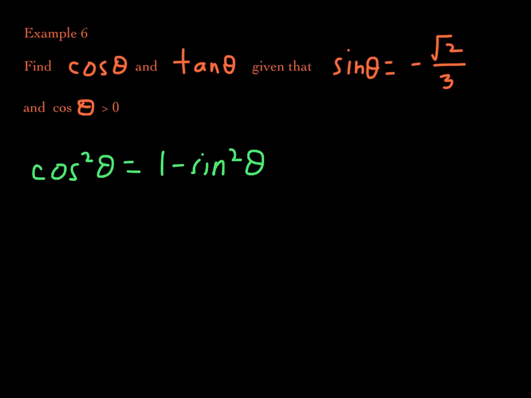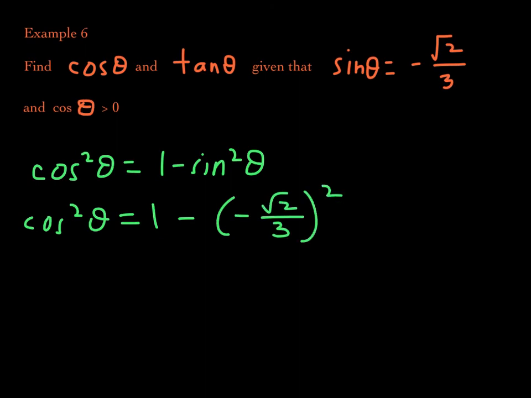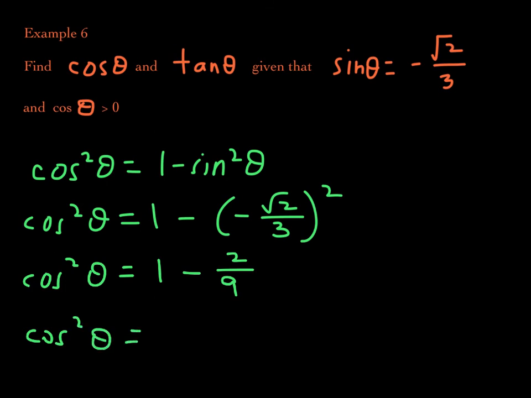So what I'm going to do is plug in what they gave me. So then I have cosine squared of theta is equal to 1 minus, now sine of theta is negative root 2 over 3, and I need to square it because that's what the identity says to do. So then I have cosine squared of theta is equal to 1 minus 2 over 9. That's the same thing as saying cosine squared of theta is equal to 7/9.